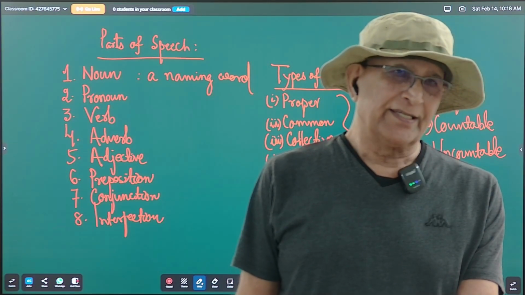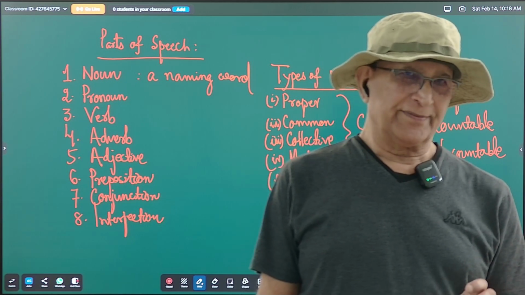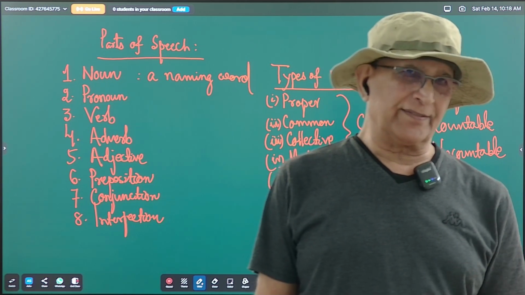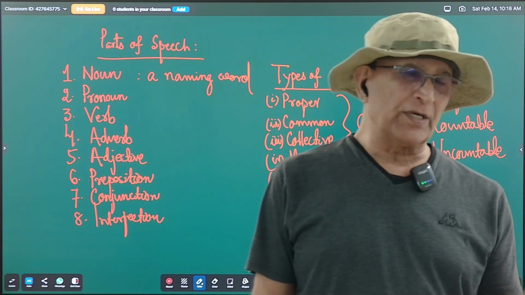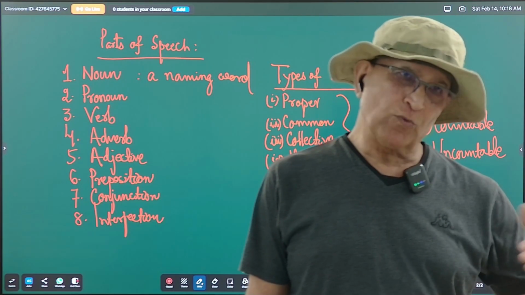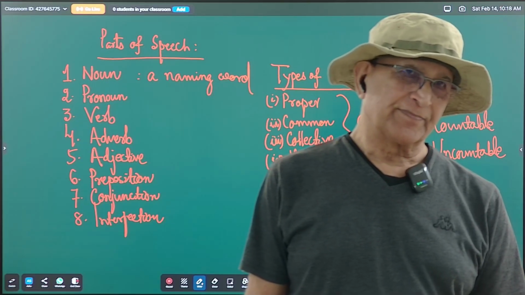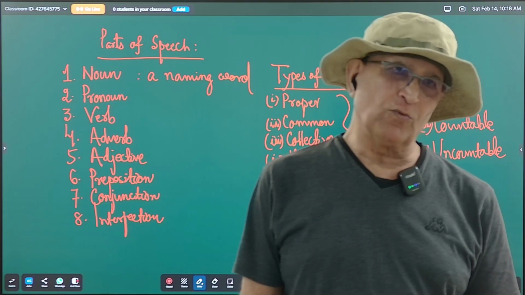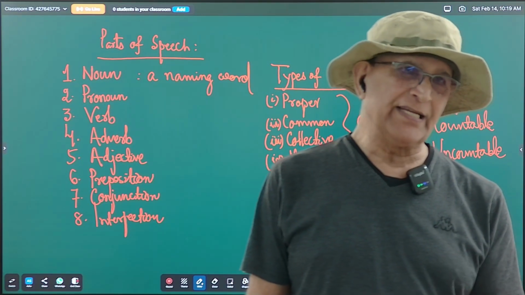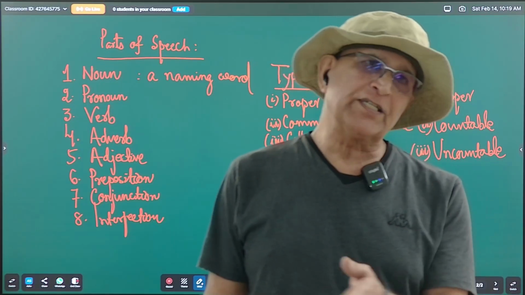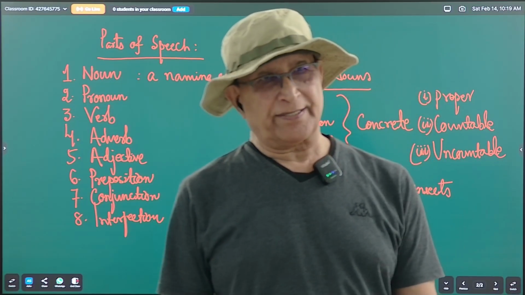Waters, when used like this, means ocean or sea, the backwaters, the waters of Lake Chilika. Give me water, not waters. So the same water can be used in plural form with a different meaning. That you have to take care of.